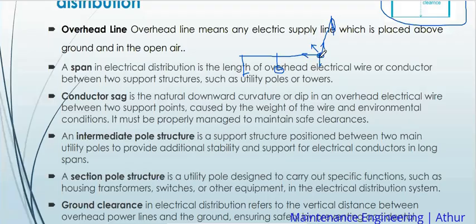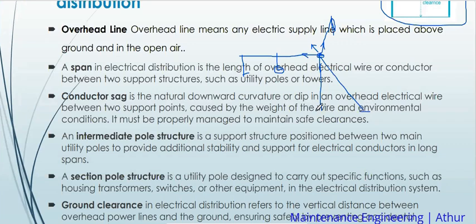But what do we do in order to make sure that it is not pulled here? We put here what we call a stay. A stay wire is a support. There is that wire you always see. It is always grounded also. Okay.